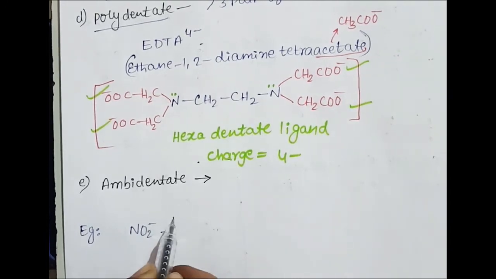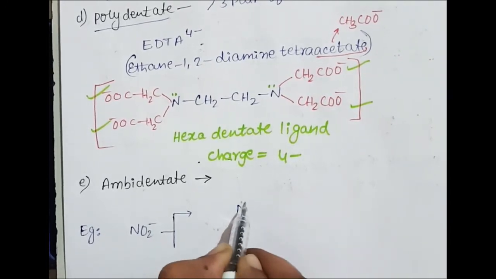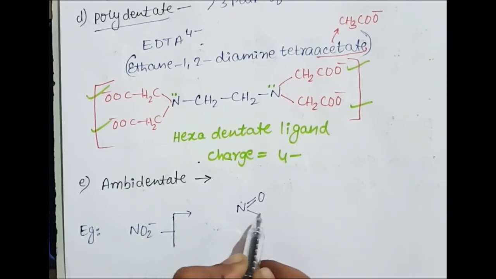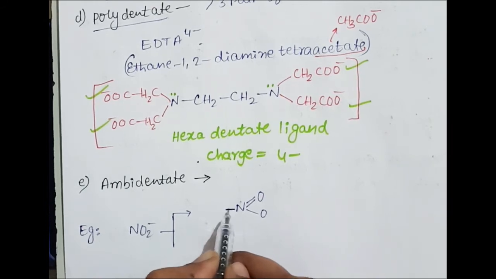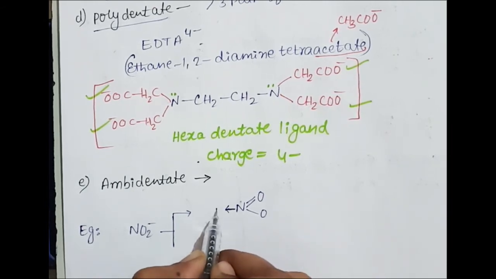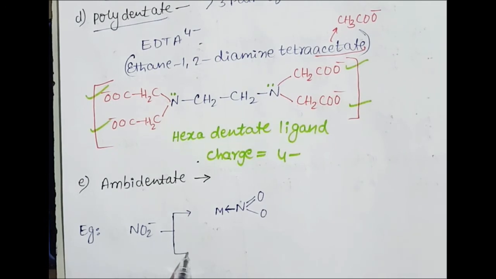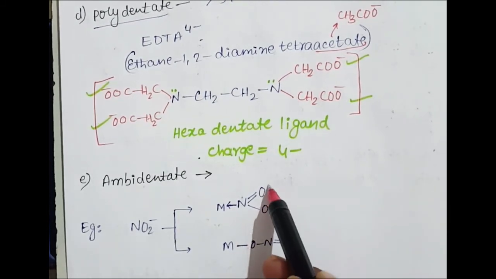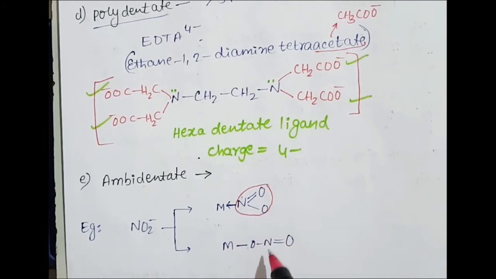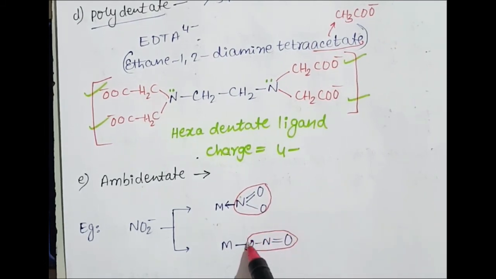If you see its structure, N double bond O, O minus. Here nitrogen can donate electron pair to metal, as well as oxygen. This oxygen can also donate electron pair to metal. So here in NO2, this is also NO2, but the difference is here oxygen is donating electron to metal and here nitrogen is donating electron to metal.